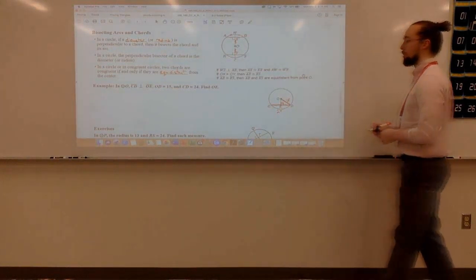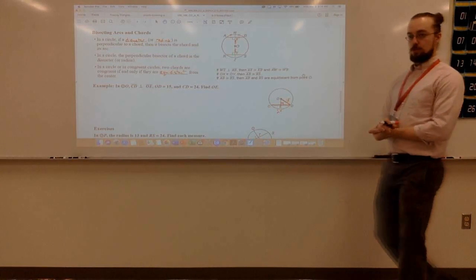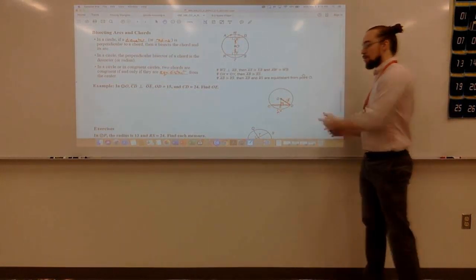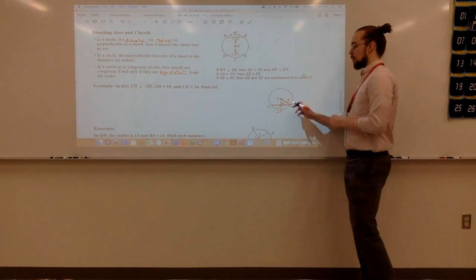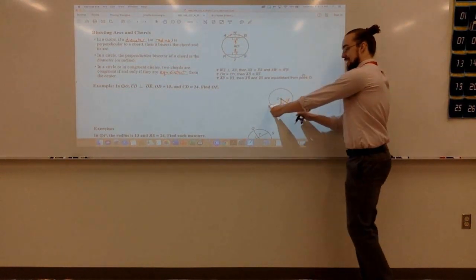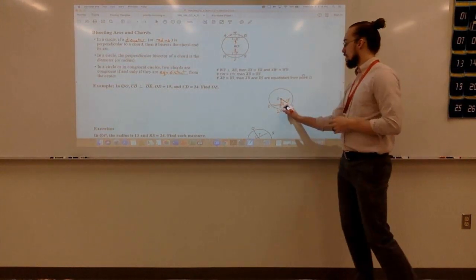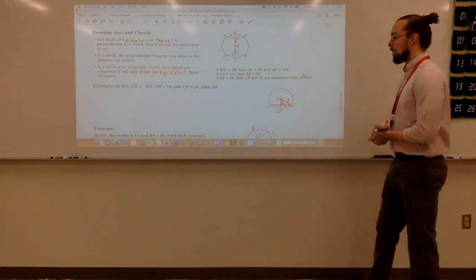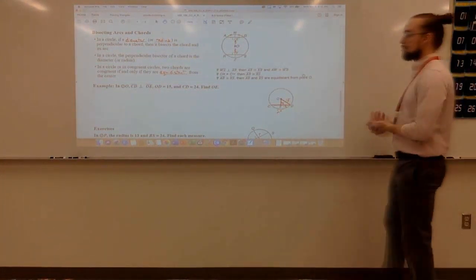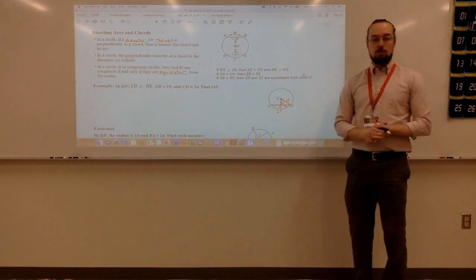We want to find the length of OE. This is going to be some more right triangle stuff, and we end up using the Pythagorean theorem. Looking at my right triangle, if I know that CD is 24, what's ED? 12, because the radius is a perpendicular bisector of the chord. So then we're just looking at this right triangle to find the length of OE.